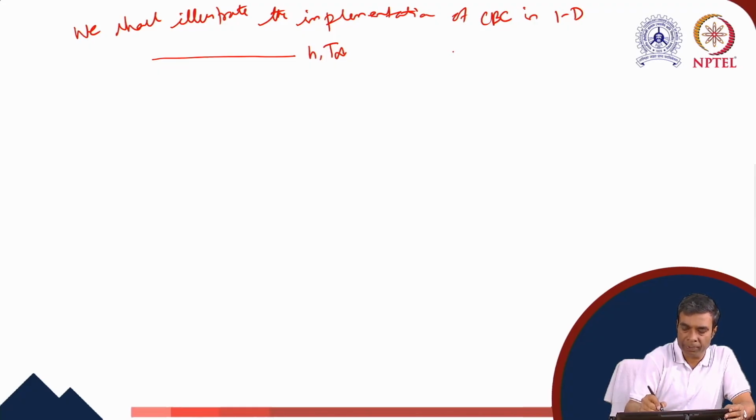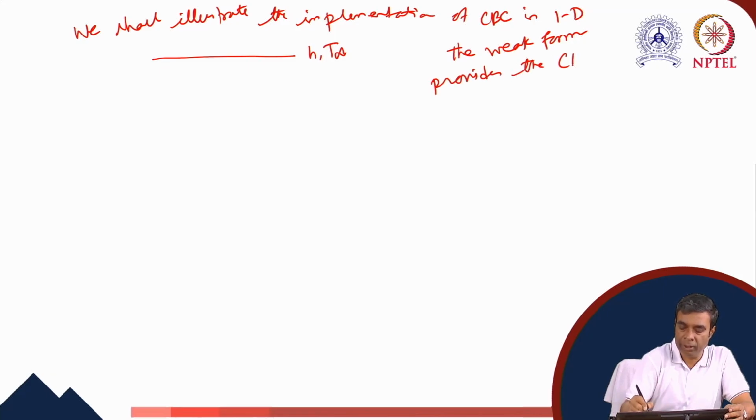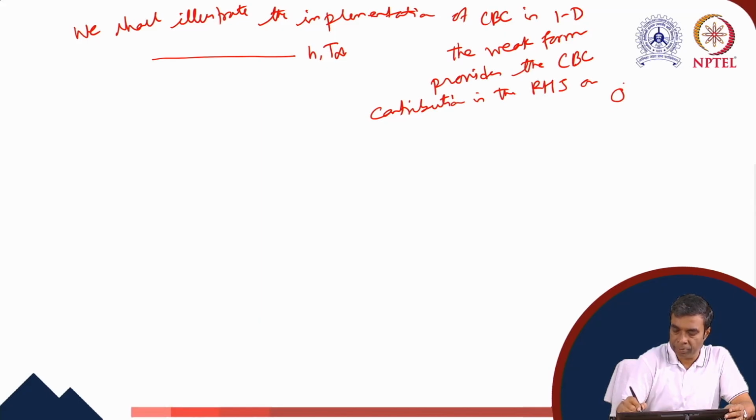Now we know that the weak form provides the CBC contribution in the RHS as a boundary integral along gamma ce of psi ie times h(T infinity minus T) d gamma ce.